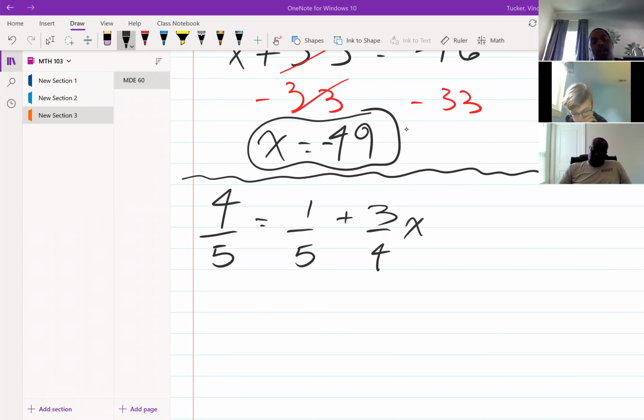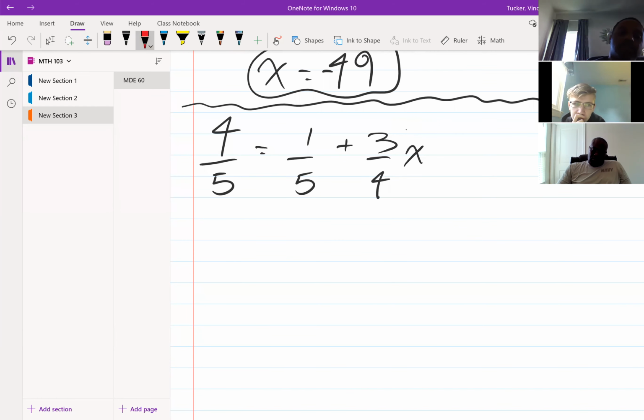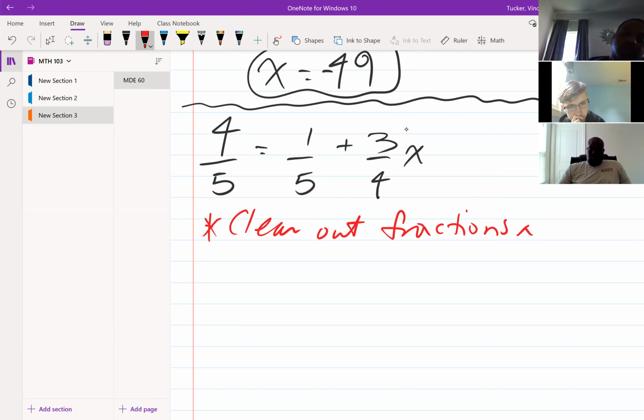You can deal with the fractions the way you see them, just like we did before, when we had a problem that we just solved with the fractions. Or you can do what we call clearing out your fractions.